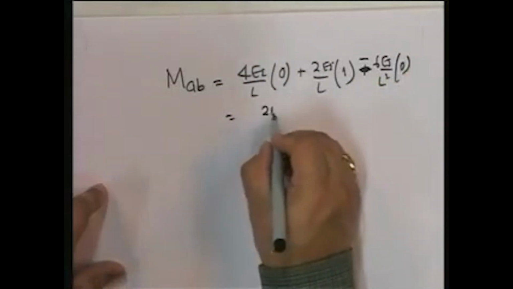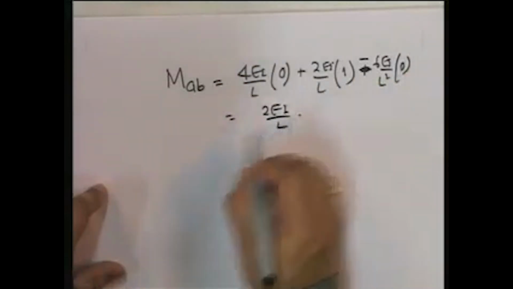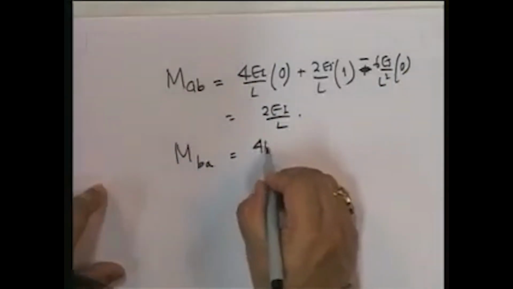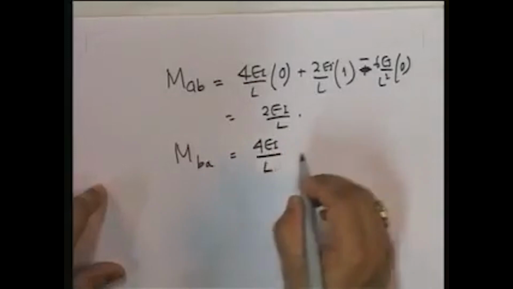This is equal to 2 EI upon L. Similarly, substituting, you get MBA is equal to 4 EI upon L.